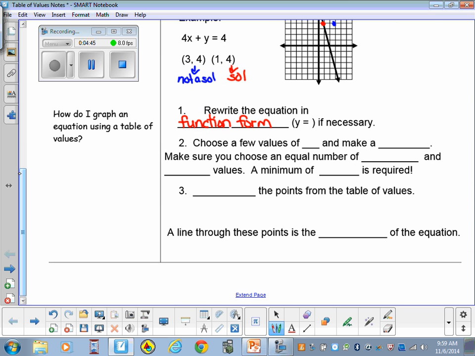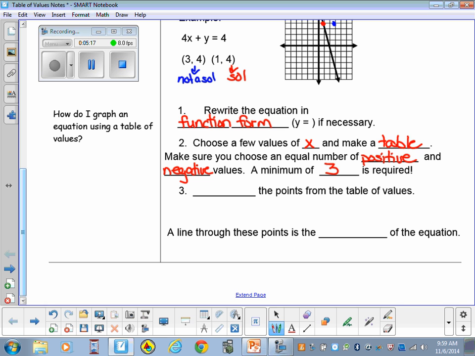Then, to graph using a table of values, you have to choose a few values for x and make a table. Make sure you choose an equal number of positive and negative values. A minimum of 3 is required for a line. Later in the year, when we're graphing parabolas, you have to do 5.